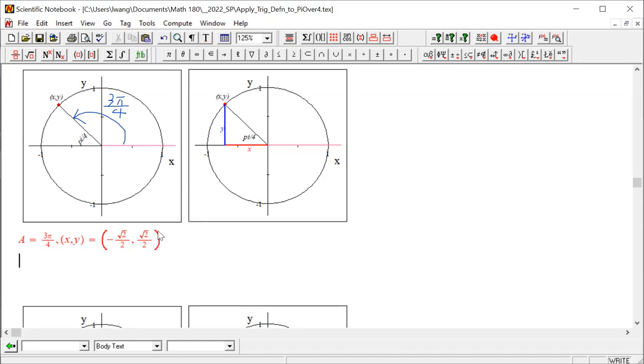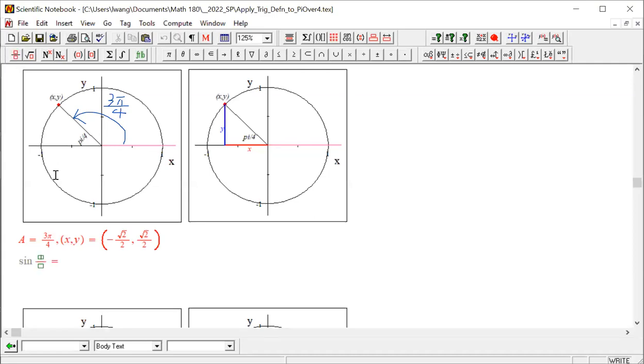As a result, we can write sine of 3 pi over 4 is equal to, no, not this one, negative root 2 over 2. Wait, no, my bad.